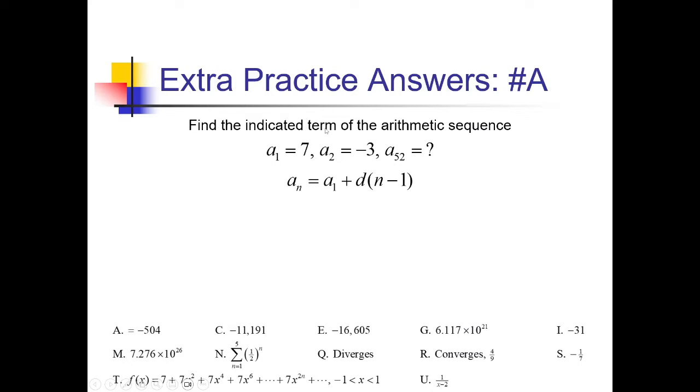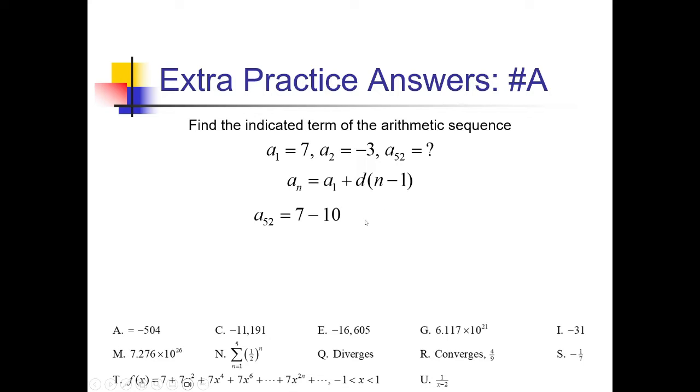So that's going to equal our first term of 7 plus, now the common difference, to get that, I have to take one term and figure out what I need to get the term after it, or I could find it by taking a term and subtracting the preceding term. So if I do -3 minus 7, for example, that's going to end up being -10, because I have to add -10 to 7 to get -3, and this is what I keep adding on this one.